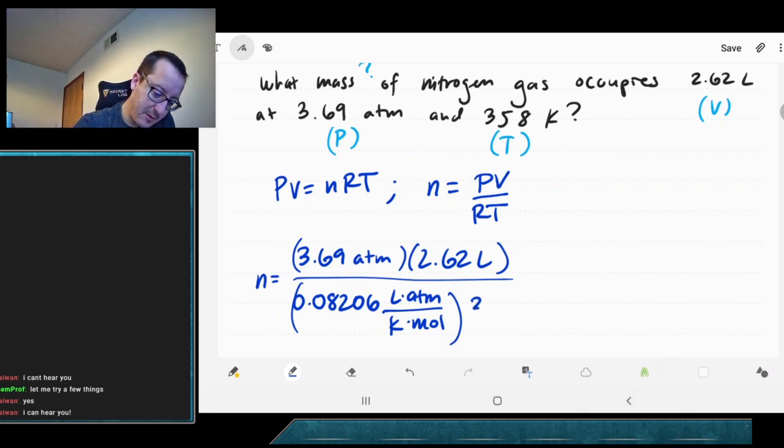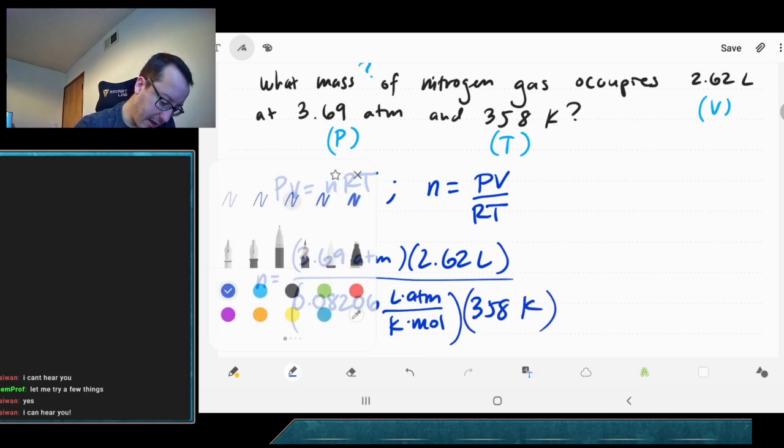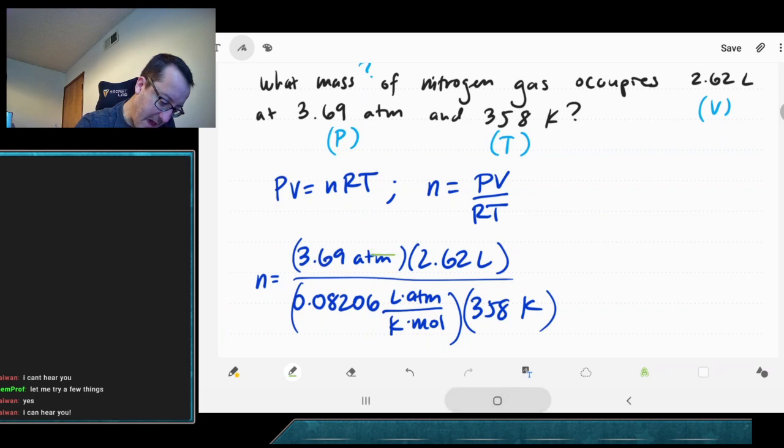And then the temperature was 358 Kelvin. Looking at the units, atmospheres cancels, liters cancels, Kelvin cancels. We're left with 1 over moles, which is the same thing as moles, which is what we're looking for.